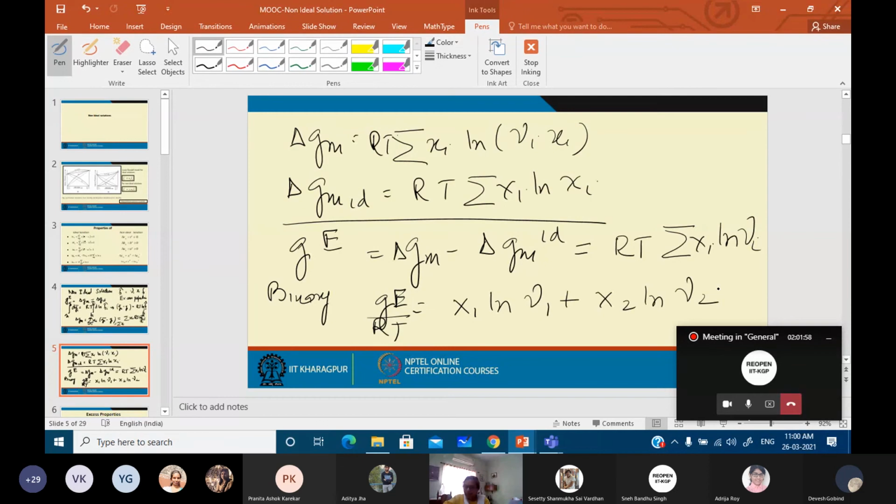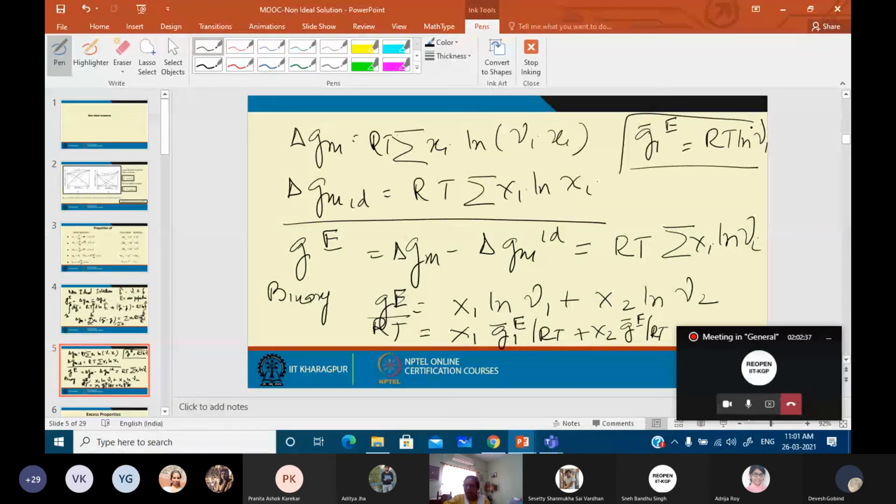We know that any property is equal to X1 G1 bar, the partial molar excess property, plus X2 G2 bar, by RT. Yes or no? Yes, ma'am. Which tells us G1 bar E is nothing but equal to RT ln gamma 1. And this is the way by which gamma 1 is found out.